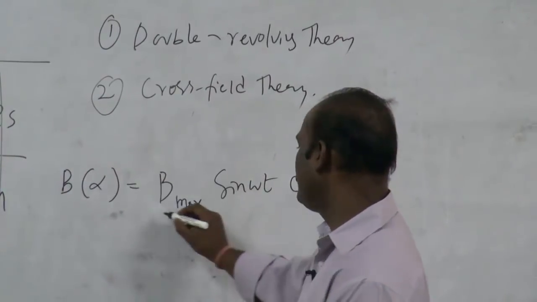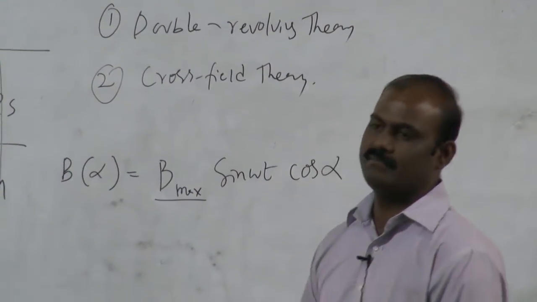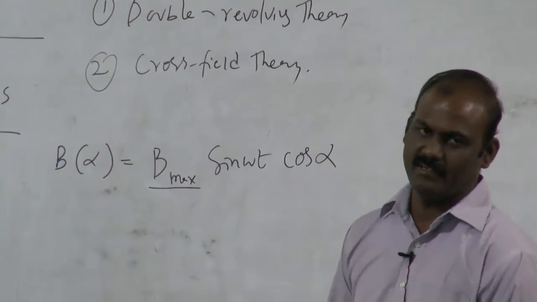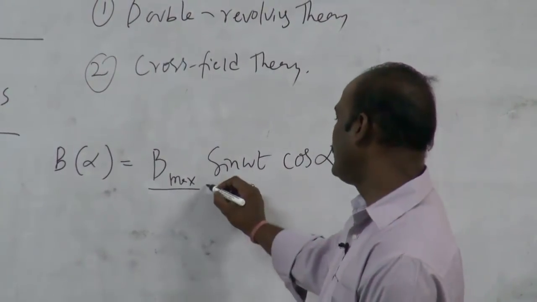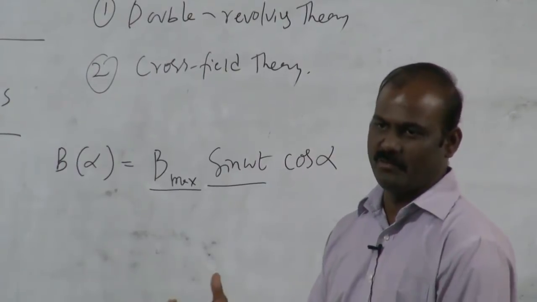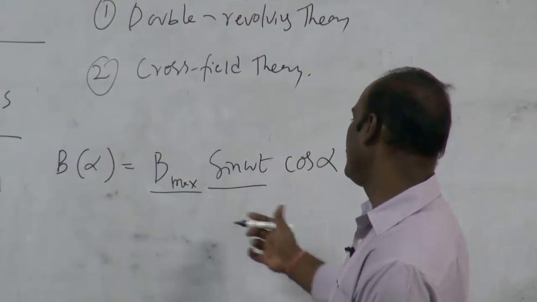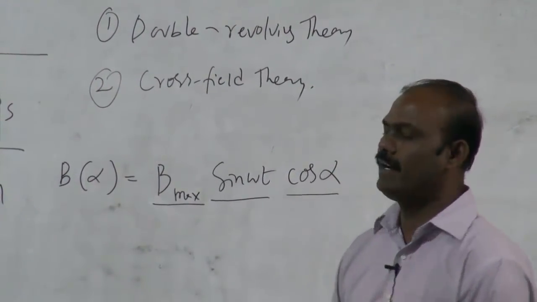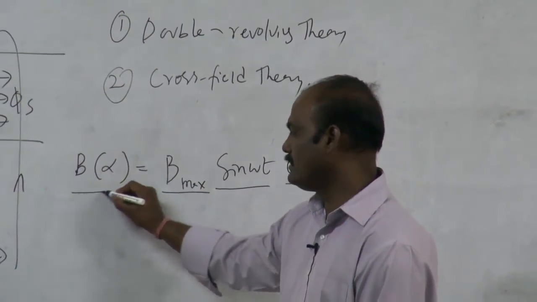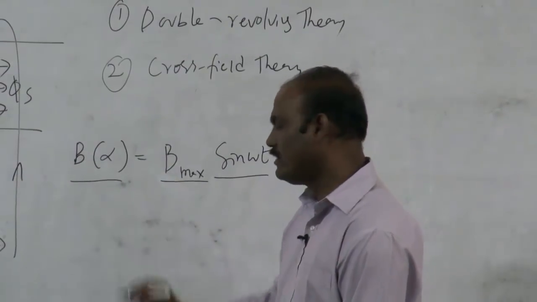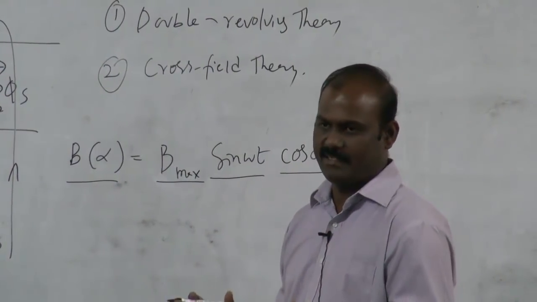B max is your maximum flux density of the sinusoidal wave that you are giving, and sin omega t is the AC component. Alpha is the variable component, because whatever flux we are getting, the B of alpha, will be resolved into two components, right?